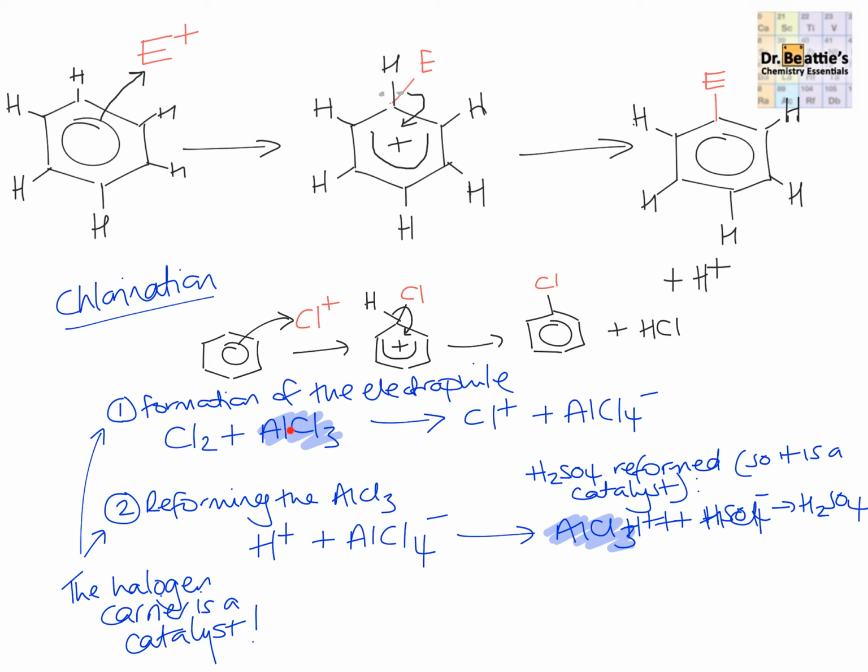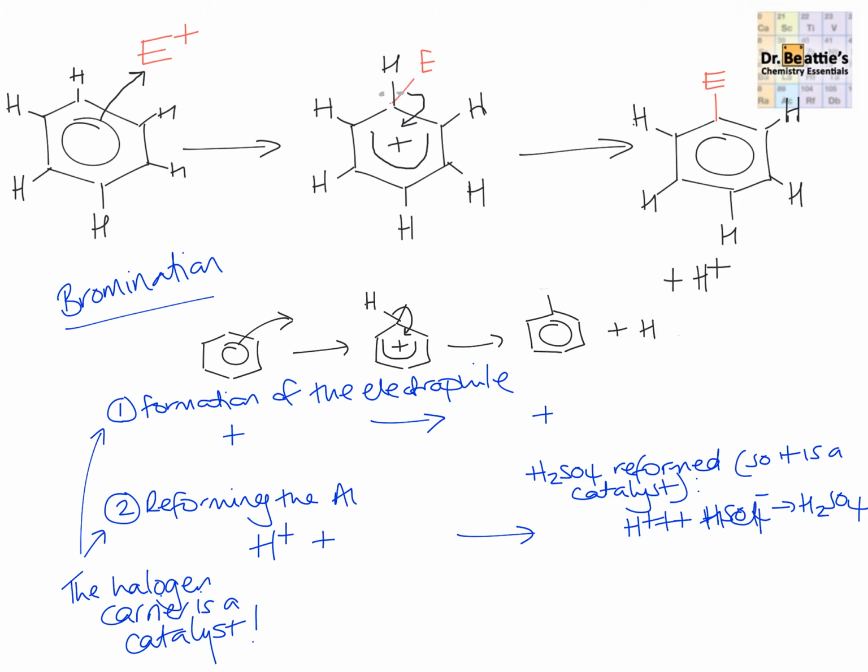If you chose iron trichloride here, you would just swap the Al for Fe, and then it would follow the same thing. Now, bromination is exactly the same, but all we need to do is substitute in the correct electrophile and the correct halogen carriers and the correct halogens. So there's our general electrophilic substitution, and then formation of the electrophile. You can see why we have to match the electrophile's halides to the halogen.